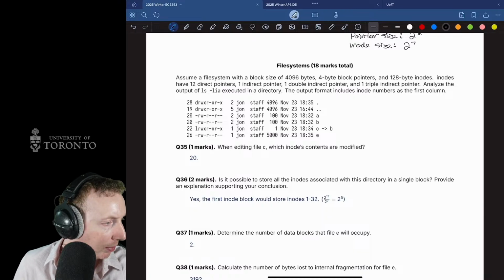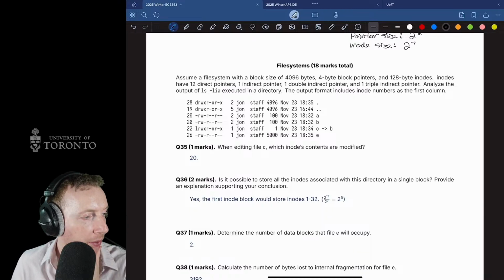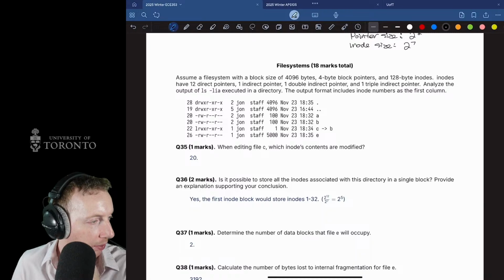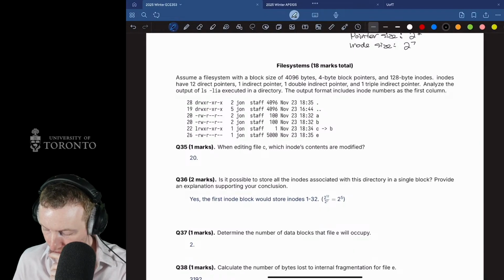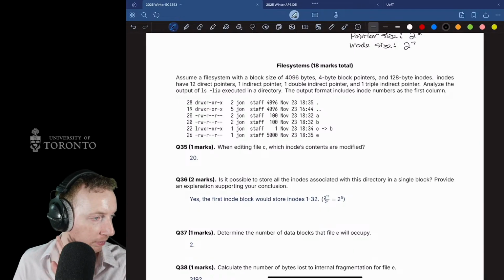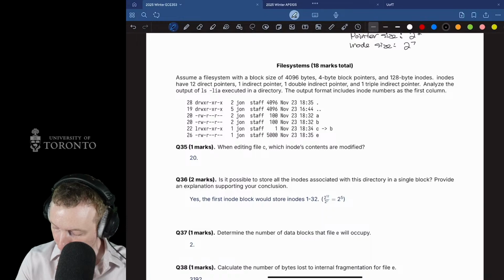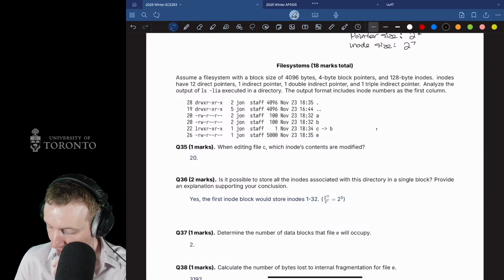Does it count as being able to store all the inodes if there exists an inode 33, for example, despite there not being more than 32 inodes in a directory? So remember when you did the file system, right? You had your super block.